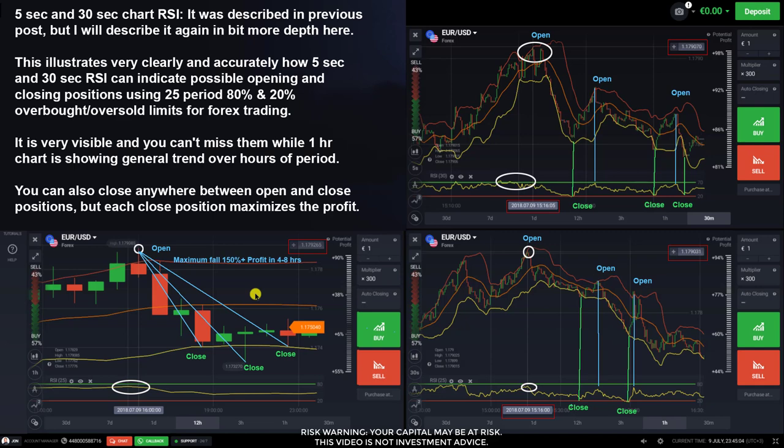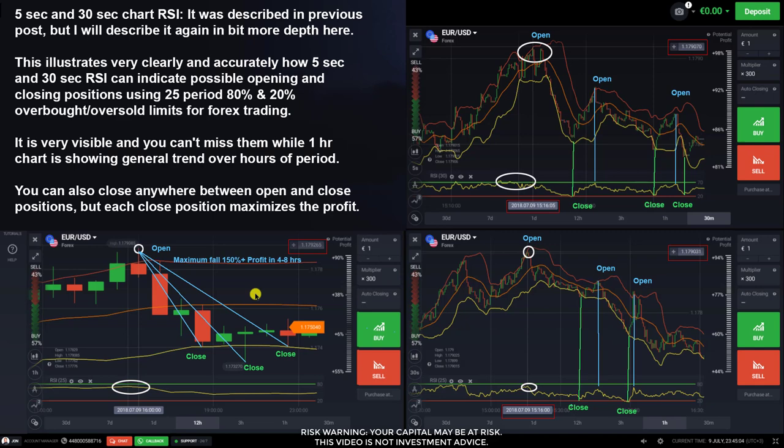So in that kind of chart, the 5-second chart would be just moving up and down all the time, and it is better to close it if it generates a profit. It doesn't matter if it's 2 cents or 5 cents. You just close it once profit is generated.